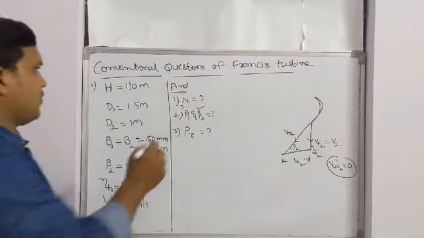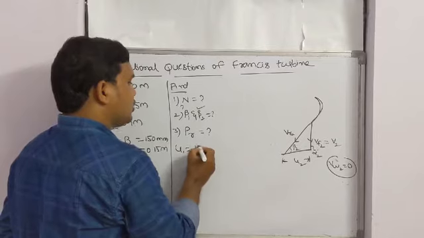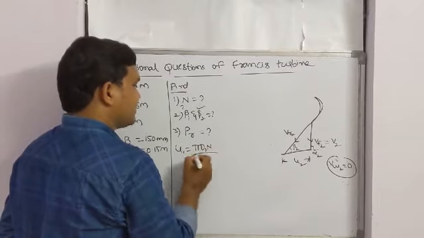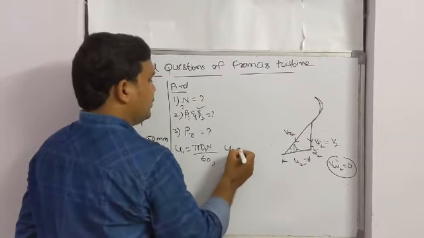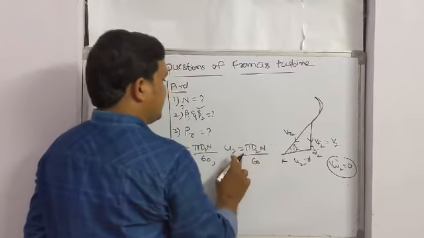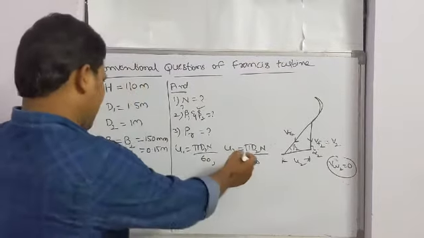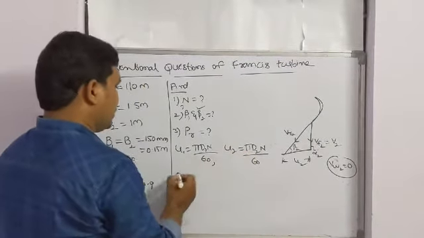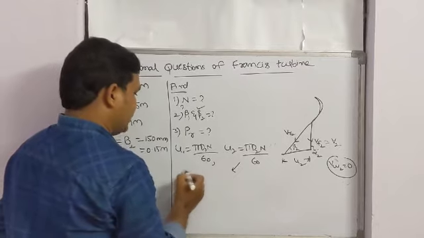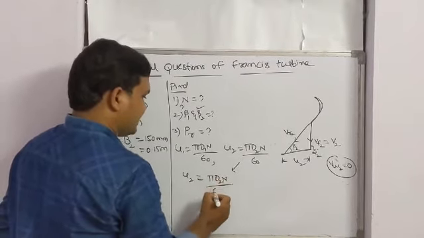So first they want to find N. N we can find out either from U1 equals pi D1 N by 60, or we follow U2 equals pi D2 N by 60. From the exit, I will take U2 equals pi D2 N by 60.